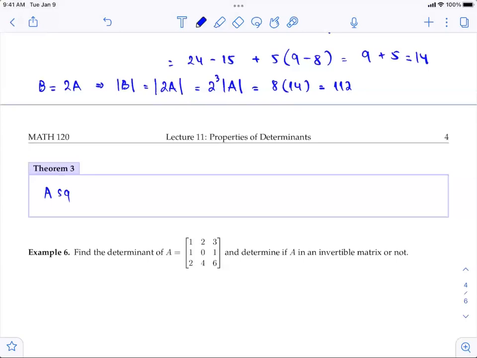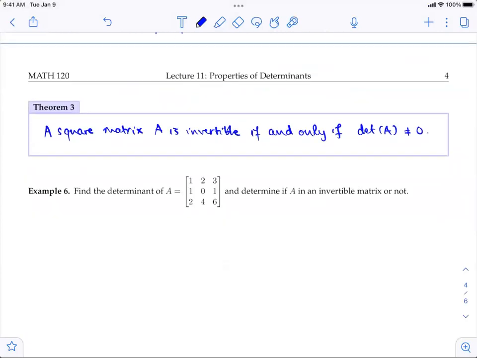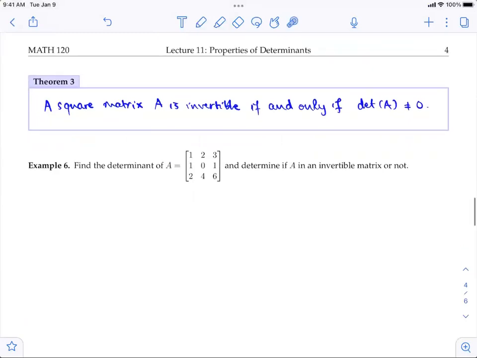So a square matrix A is invertible if and only if the determinant of A is different from 0. Okay, so that's the condition that we're going to use to see if a matrix has an inverse or not.